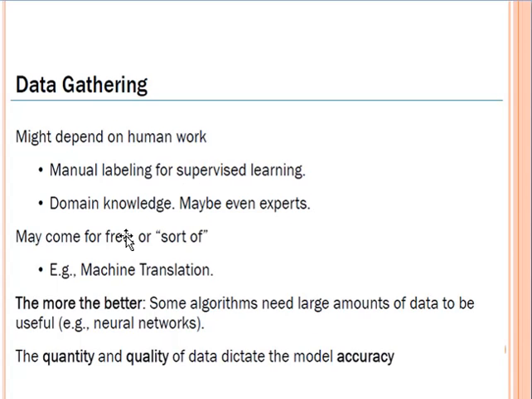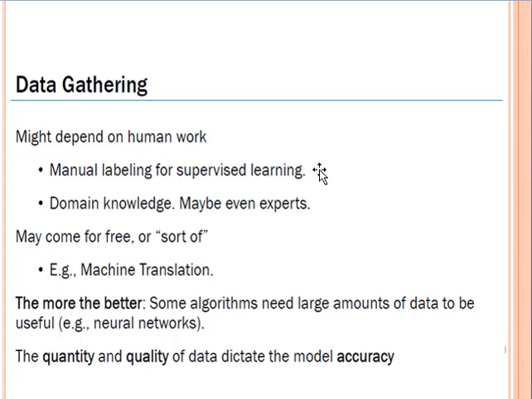Now let's talk a little bit about the data gathering process. It might depend on human work, because if we are dealing in the supervised learning domain, then we have to do the labeling of the data manually, right? If you are lucky enough to find some labeled data already in an open source repository, for example the ImageNet repository, then you are fortunate enough to use that.